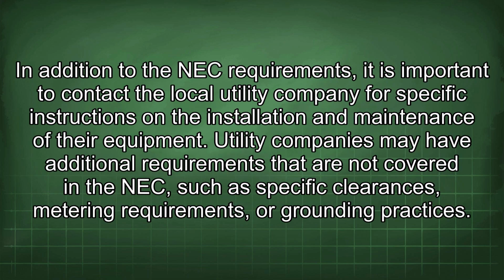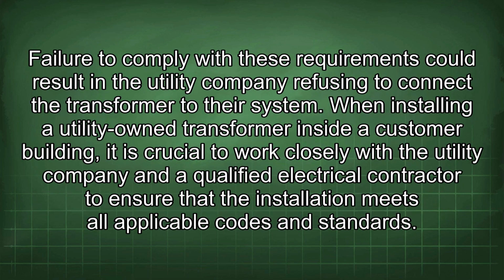In addition to the NEC requirements, it is important to contact the local utility company for specific instructions on the installation and maintenance of their equipment. Utility companies may have additional requirements that are not covered in the NEC, such as specific clearances, metering requirements, or grounding practices. Failure to comply with these requirements could result in the utility company refusing to connect the transformer to their system.